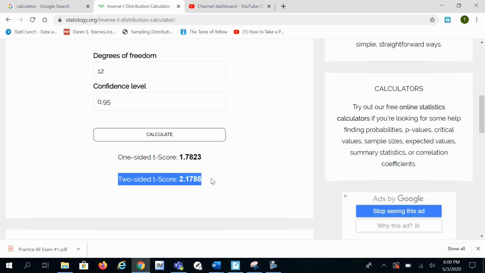Don't use the one-sided. The two-sided is the correct critical value for that. So if you just type in the confidence level and the degrees of freedom, look at the two-sided and it will give it to you every time. Pretty easy there. You don't have to remember the half of what's outside, so that's kind of nice. And it's making it positive for you, so there you go. So 2.1788 is our critical value.